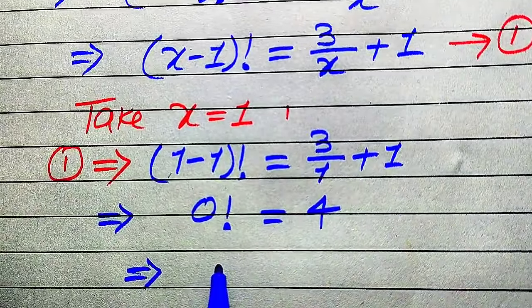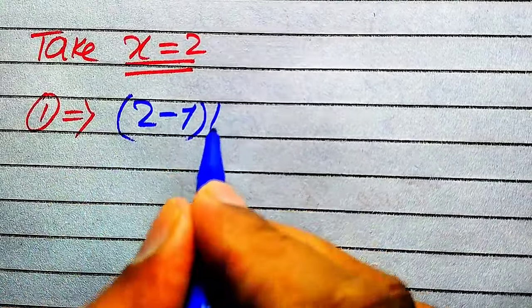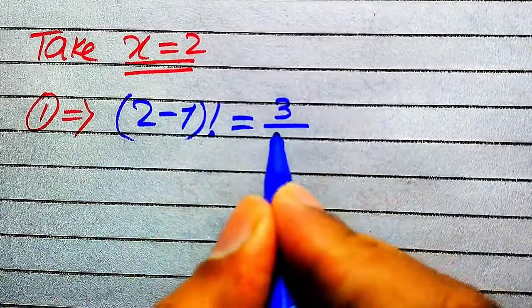And in the same pattern, we take the second value and choose x equals 2, and we put x equals 2 into the given equation. So again, equation number 1 implies that when you put x equals 2 here, it becomes 2 minus 1 factorial equals 3 divided by 2 plus 1.